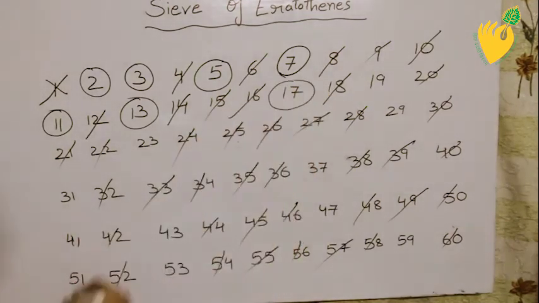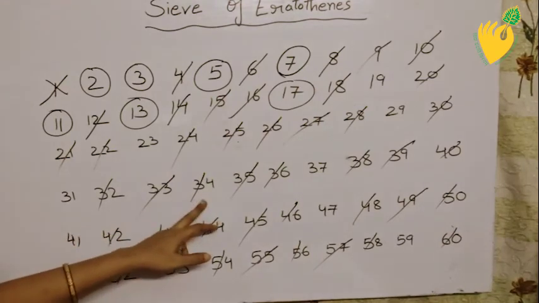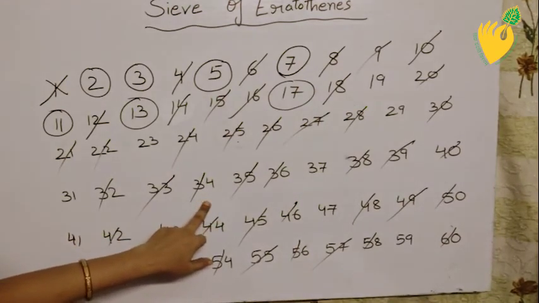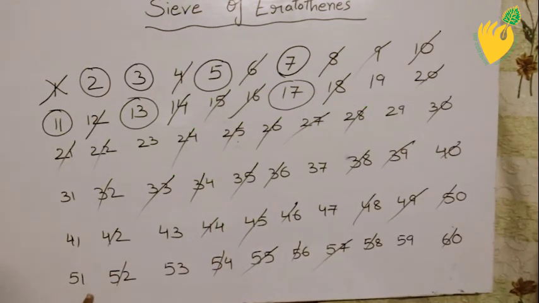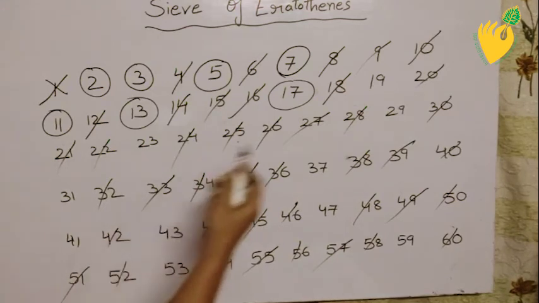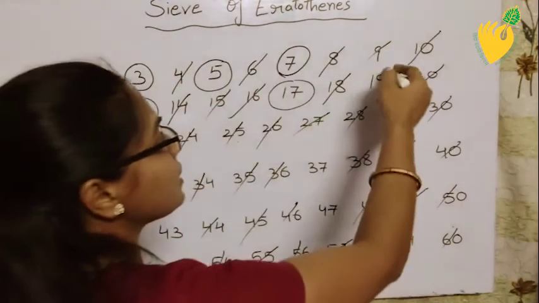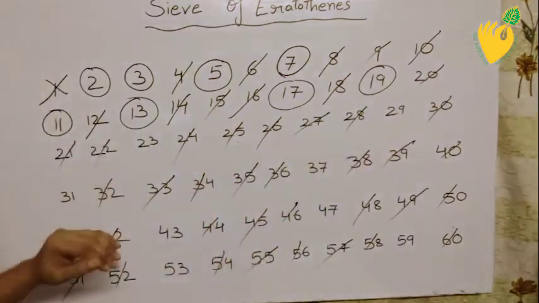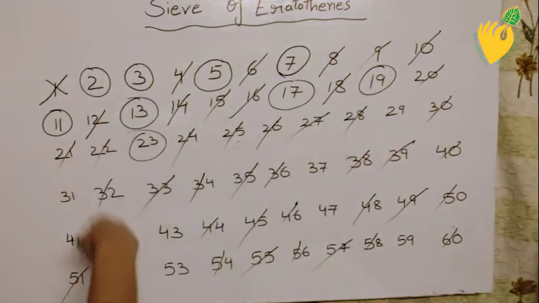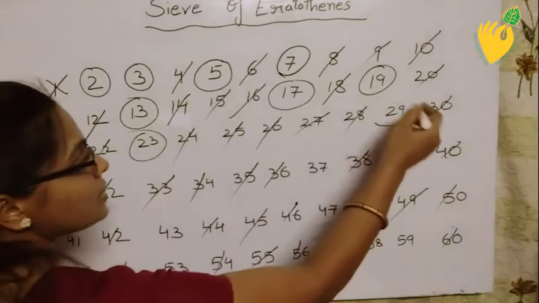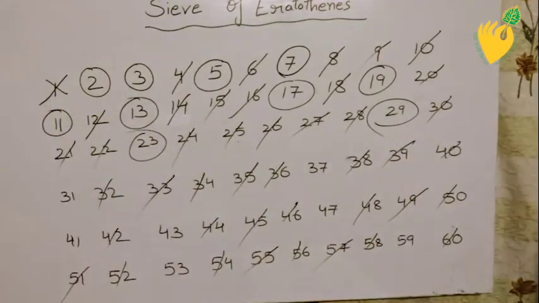Now, similarly, 17, 34, 51. No other number. Similarly, you can do with another number, that is encircle the 19 and cross out the multiples of 19. Encircle the 23, cross out the multiples of 23. Encircle the 29 and cross out the multiples of 29.